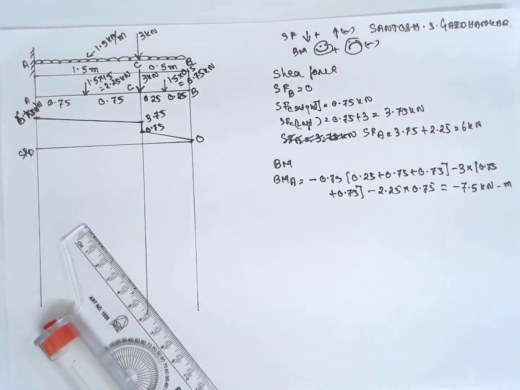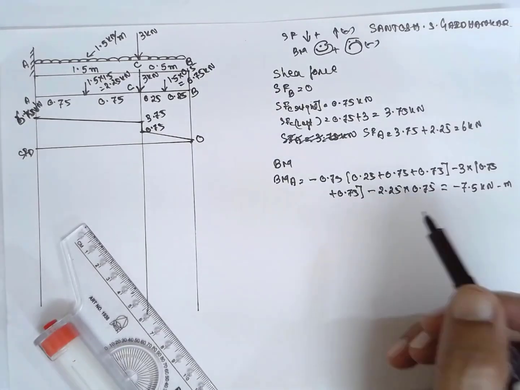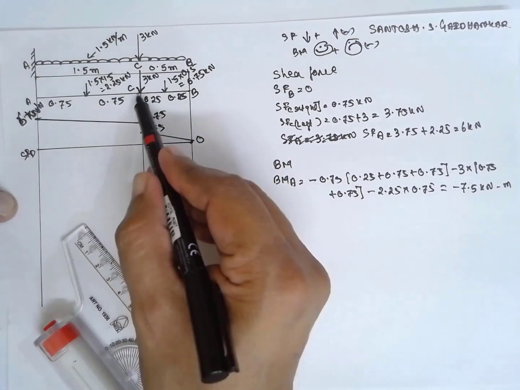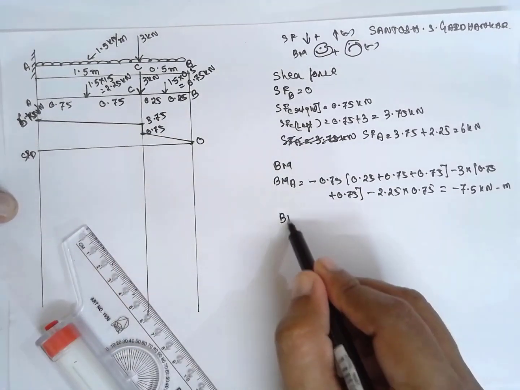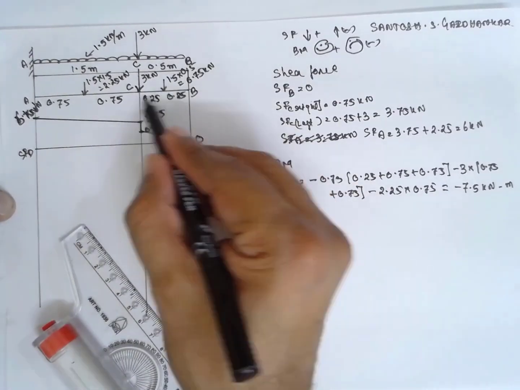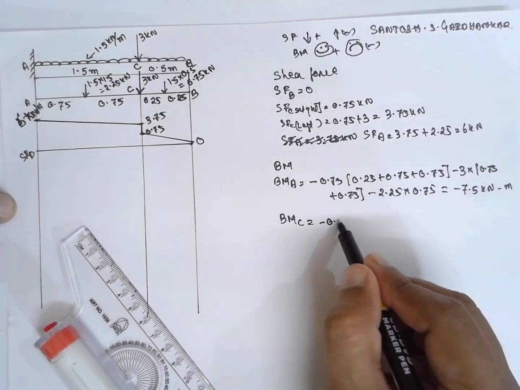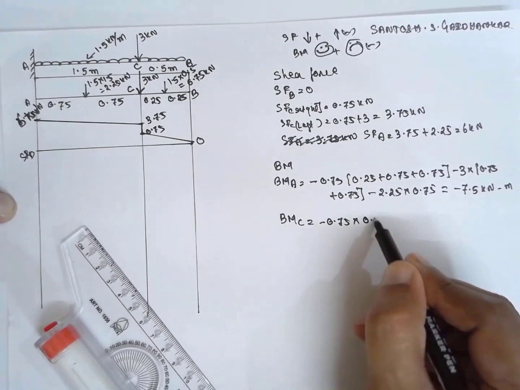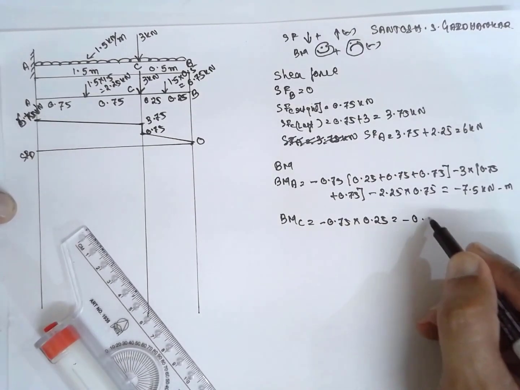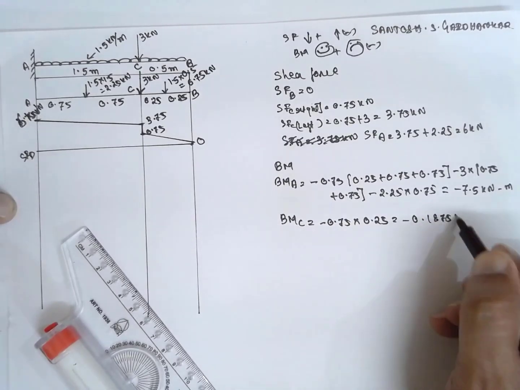Kilonewton meter. Next I will go for C. BM at C. This load, that is this part, minus 0.75 into 0.25. Answer is minus 0.1875 kilonewton meter.